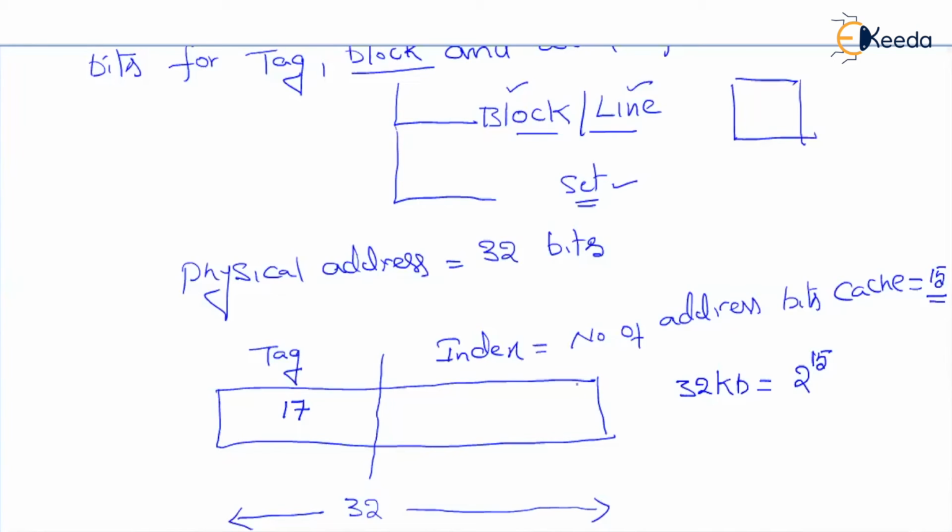Now, as the size of the block is given, we need to divide the index field into two more fields. One is the word field and the second one is the block field or line field, whatever you call it. What is the word field? It depends on the number of words per block.